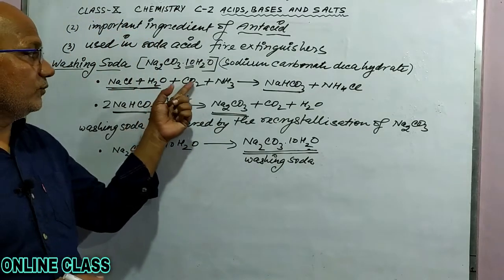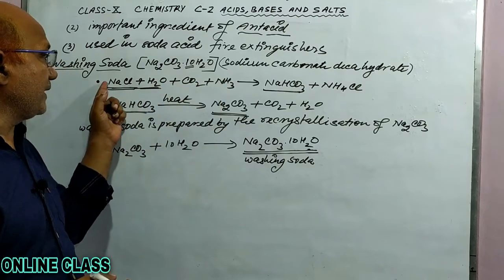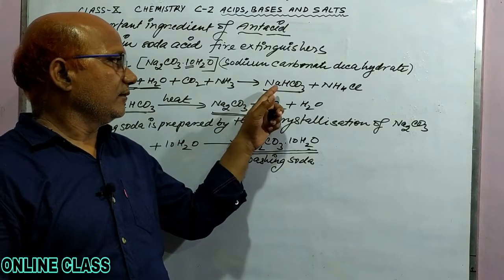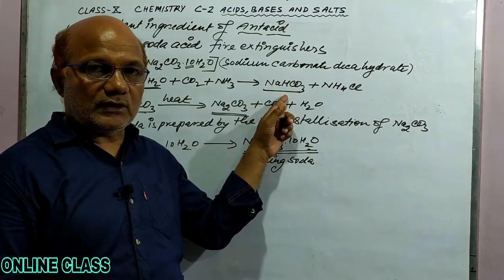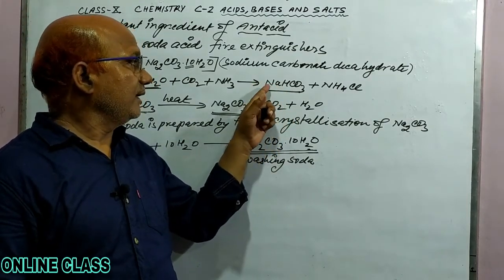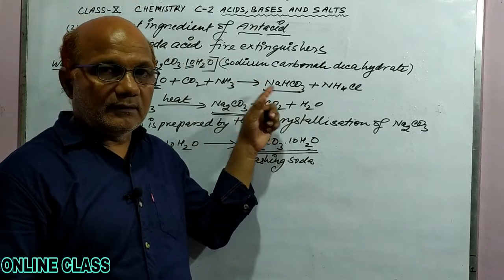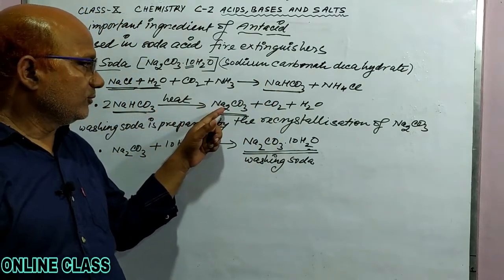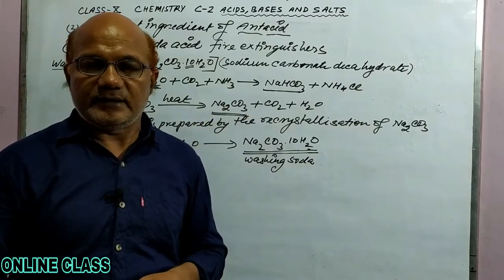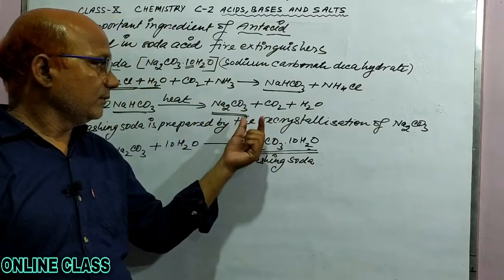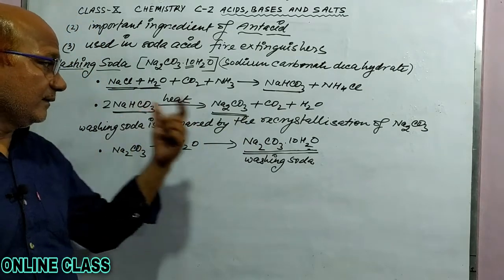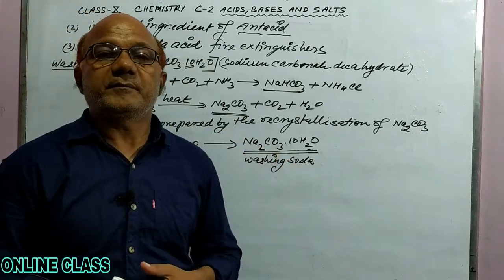when CO2 and ammonia gases are passed through brine solution, then baking soda is prepared, and by heating baking soda, sodium carbonate is obtained. Okay. So, by the recrystallization of sodium carbonate, washing soda is prepared.